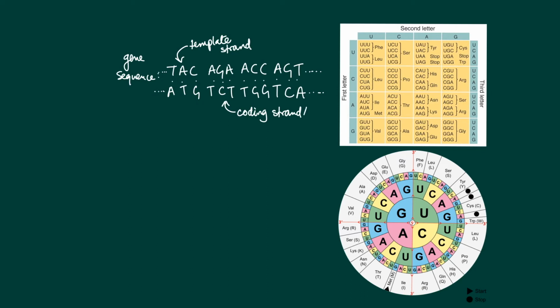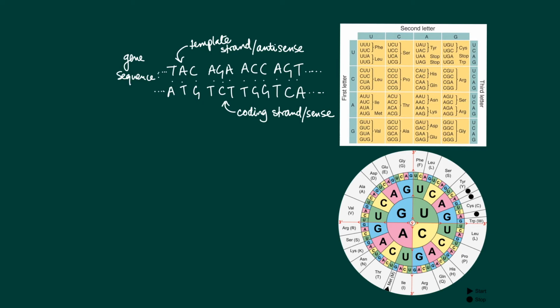So I will call that the sense strand. The template strand, therefore, is called the antisense strand. So the template strand is the antisense strand, and the coding strand is the sense strand.